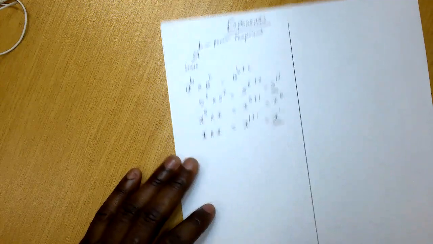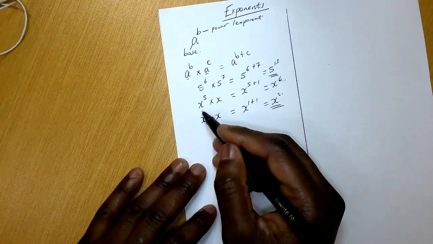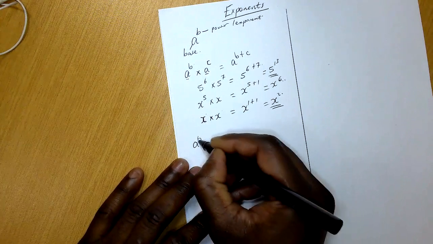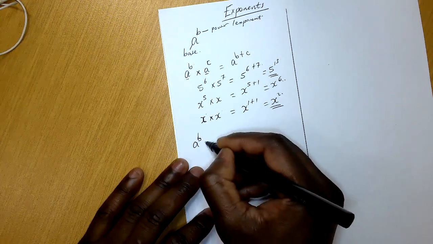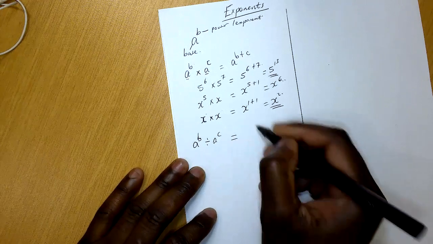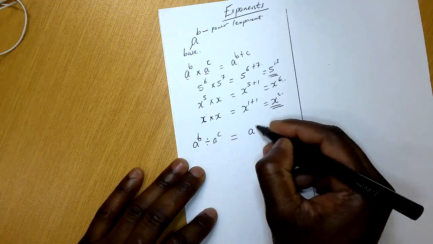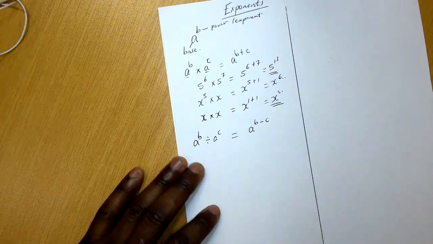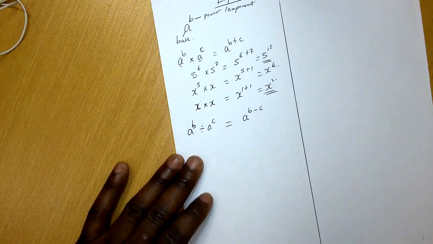Then another rule: a to the power b divided by a to the power c is going to be a to the power b minus c.